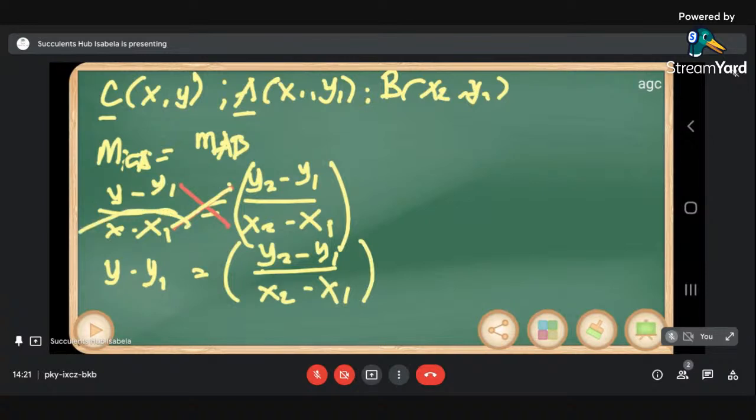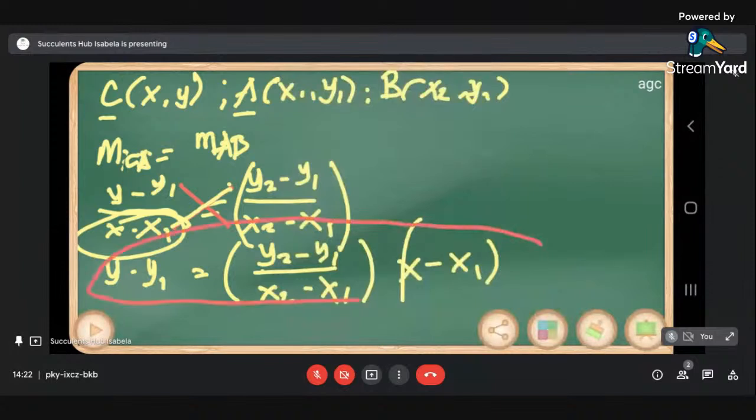Then, ito yon. You will have x minus x sub 1, which is the 2-point form. Okay? So that's how it's derived. Yung 2-point form natin. So take note of our 2-point form, guys. There should be 2 points on the line. Okay? For you to be able to use the 2-point form. Okay? Let's try some problems.